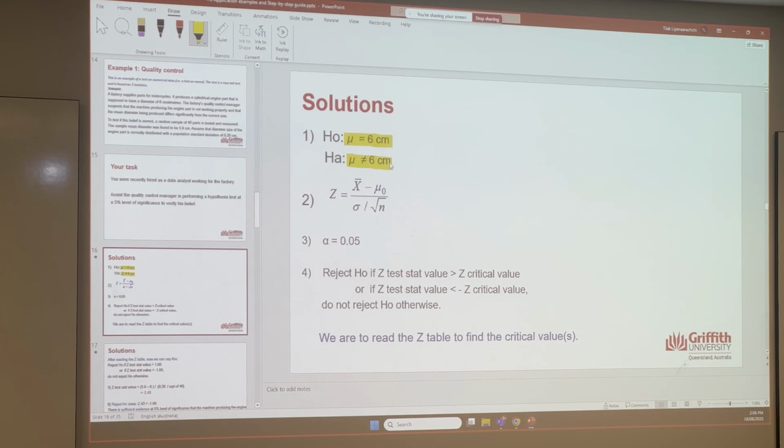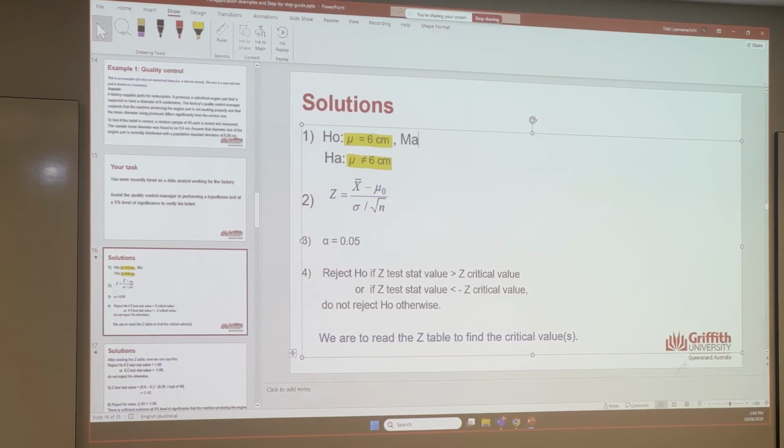Is that right? So what do you mean by equal to 6? Can you say it in other words? In plain English, what do you mean by 6?